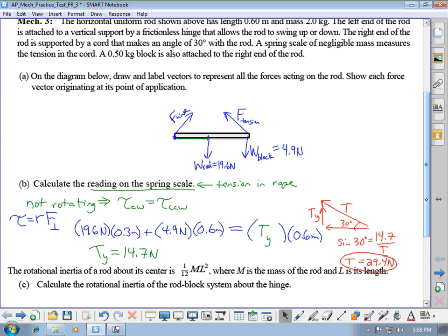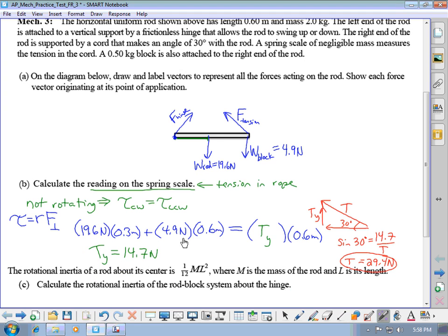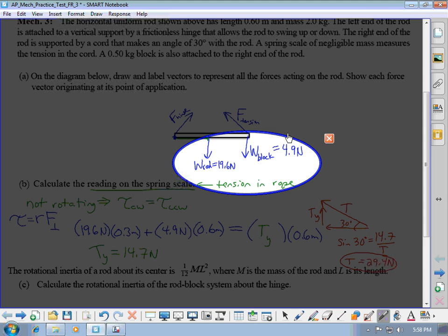Okay, now briefly before I go on to part C, I had said that I was going to, in part B, explain why the hinge had to be pushing up on the rod. If we look at this, the Y component of the tension is 14.7 newtons. The total downward force acting on the rod is greater than that. The total downward force is 24.5 newtons.